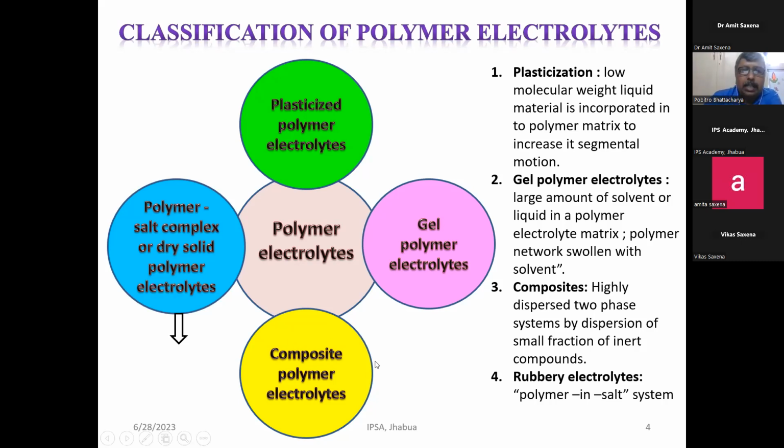The next, composite polymer electrolytes. For almost the last 50 years, people have been using composite electrolytes, starting from Liang, if I am correct, in 1973 and onwards, where he started mixing two solid materials, and the two solid materials remained in their own phases.